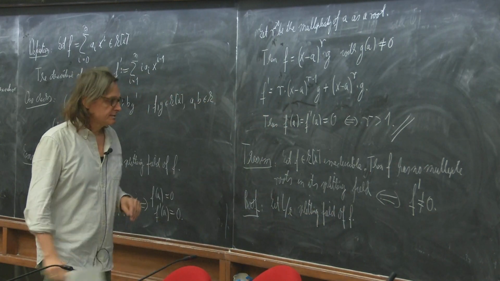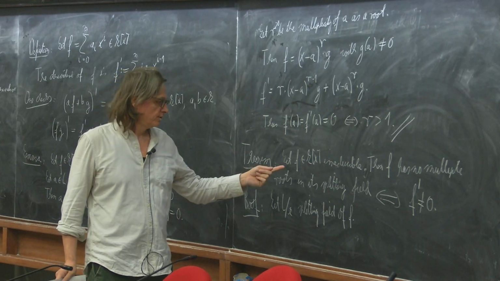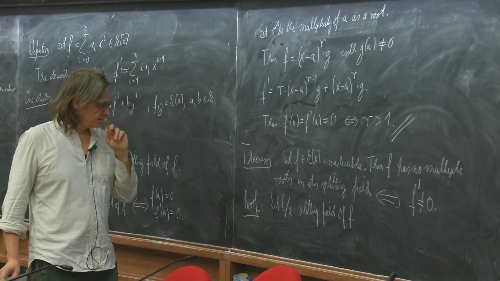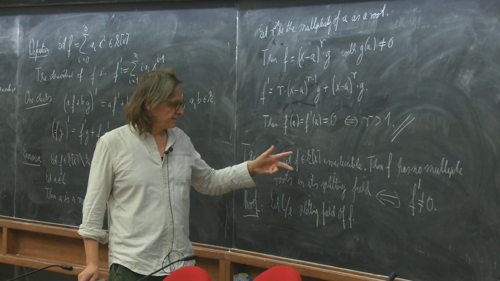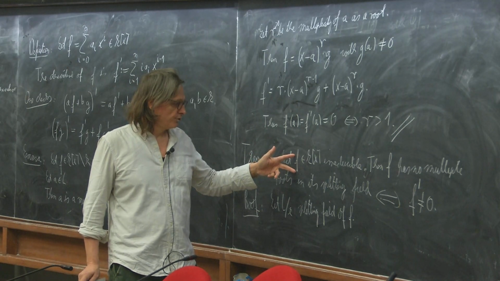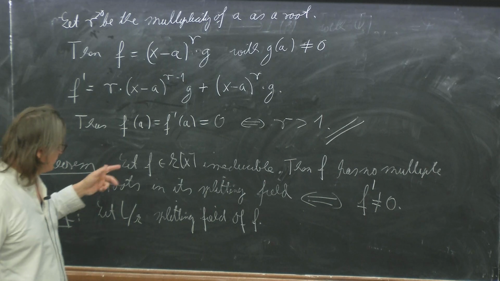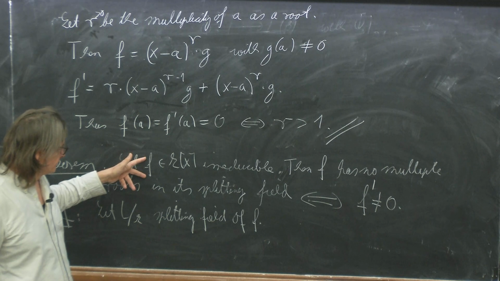I mean, this is a little bit surprising maybe, because it doesn't seem like this is such a strong condition to have no multiple roots. But the point is that if f is irreducible, you could view it as a minimal polynomial. Up to multiplying by a constant, it's the minimal polynomial of any of its zeros.